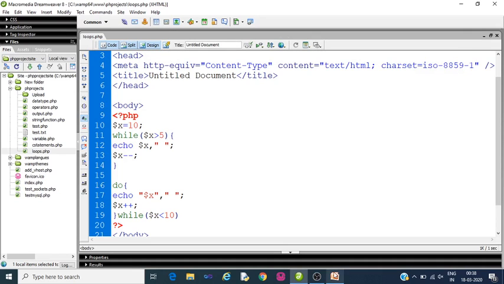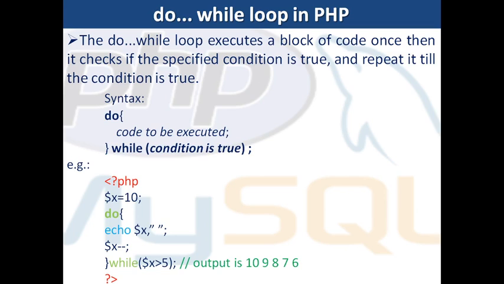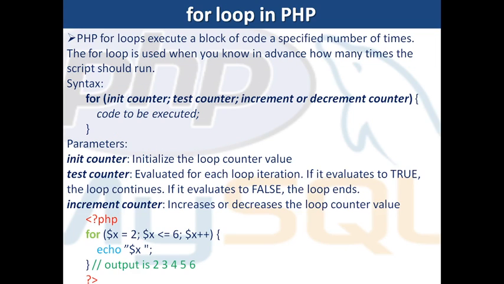So now come to our presentation. For loop in PHP. PHP for loop executes a block of code a specified number of times. The for loop is used when you know in advance how many times the script should run.